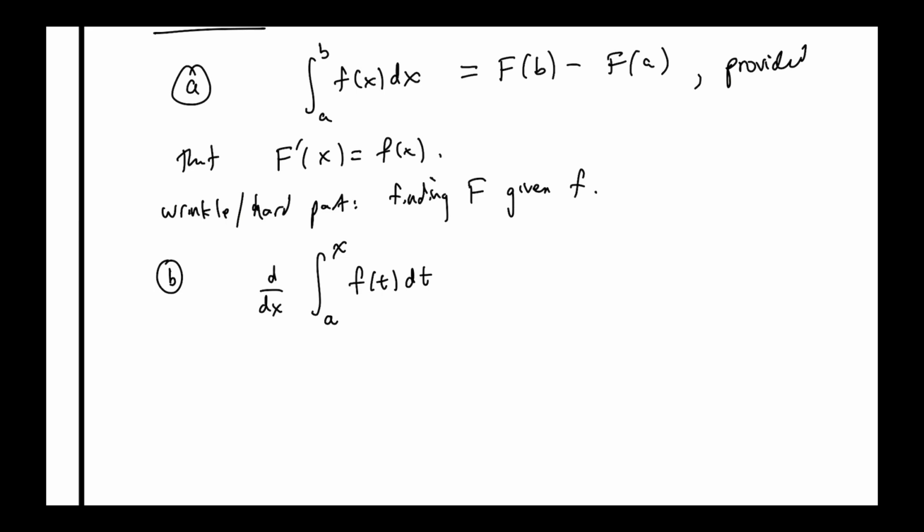First off, let's make sure we're clear. This integral from a to x of f of t dt really is a function of x, even though there's t's in it. Is that all right? Yeah? And so if that's a function of x, I could ask, what's the derivative of it with respect to x? Reasonable question.